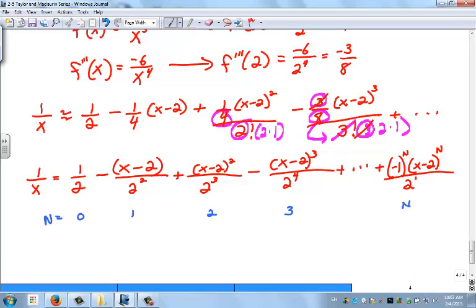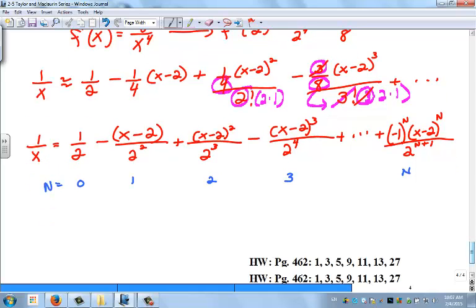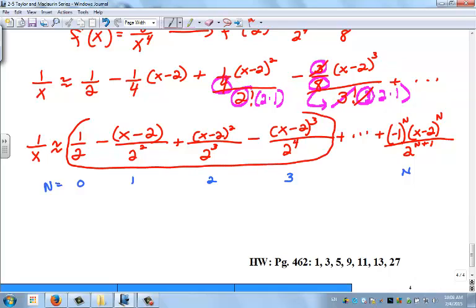It's 2 to the n plus 1. And that's it, right? That's pretty simple stuff. Now, remember, all they ask for in these and on most of your homework problems is the first 4 terms. So, first of all, that shouldn't be an equal sign. It should be an approximation sign.